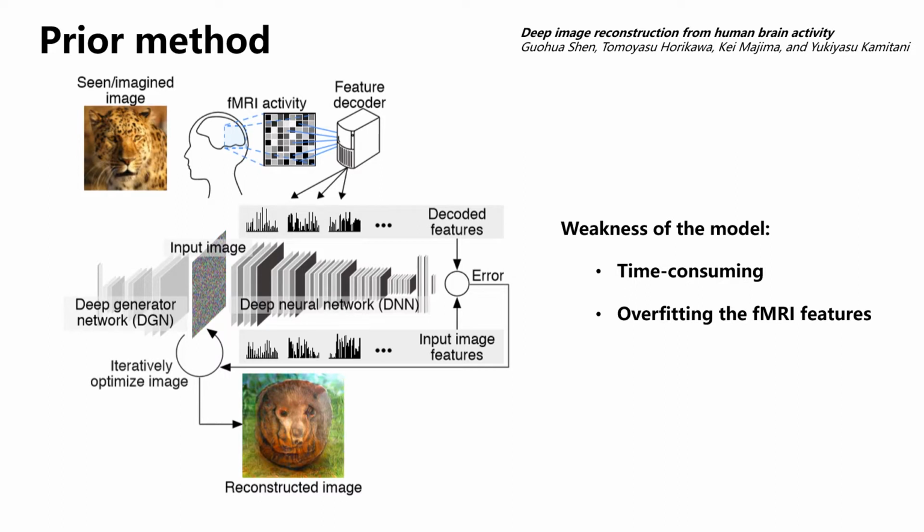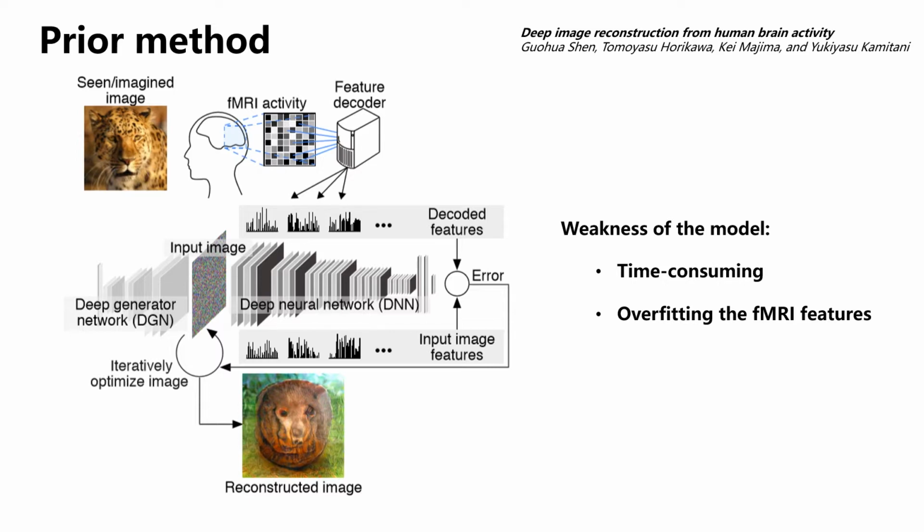Prior work has proposed a method that uses a deep generative network to iteratively optimize the output images. They are then encoded by a deep neural network. By forcing the encoded features to be exactly the same as those of fMRI, the prior model generates its output.